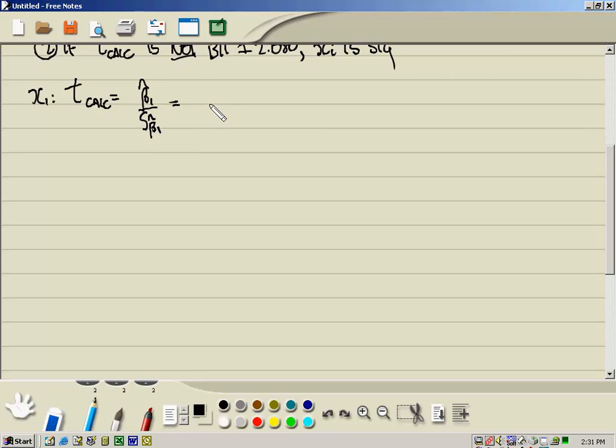Beta hat 1 is negative 1.176 divided by standard error 0.3156, and that's negative 3.726, which is clearly not between the critical values of plus or minus 2.080.